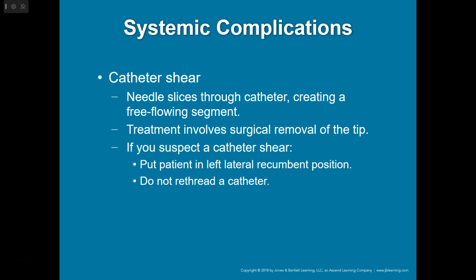And that should prevent it. You can surgically remove it. They can see it on CT because they're radiographic, I believe is the term. So they can see it on CTs and stuff like that. In case it ever happens.